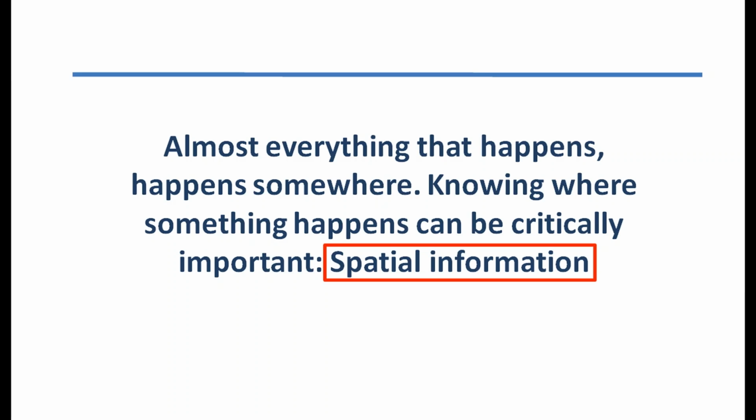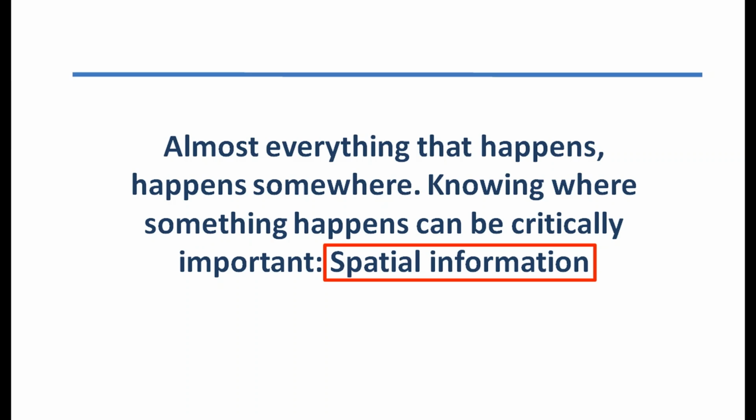So geographic location is an important attribute of activities, policies, strategies, and plans. And geospatial technology keeps track not only of events, activities, and things, but also of where these events and activities and things happen or exist.